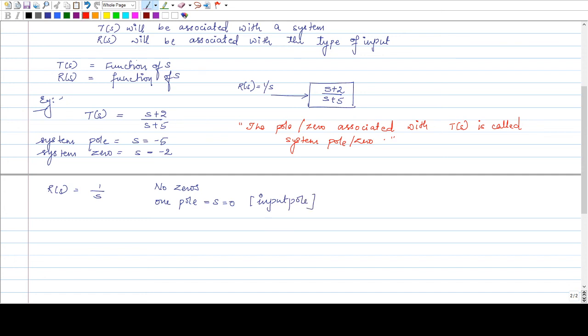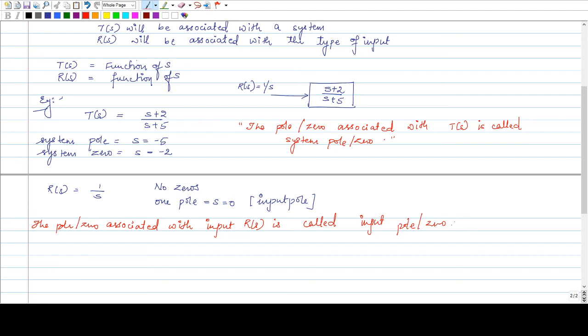So the pole or zero associated with the input transfer function, that is R of S, is called the input pole or zero.